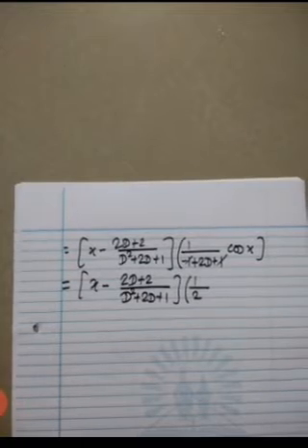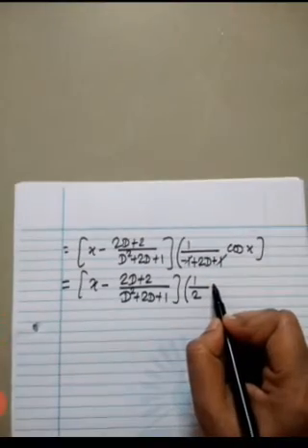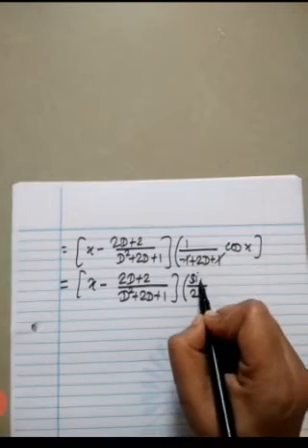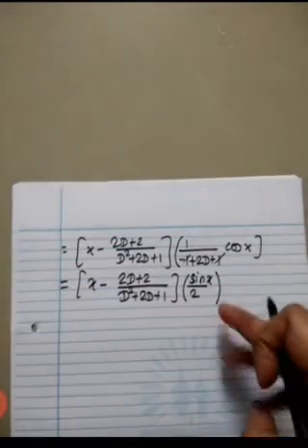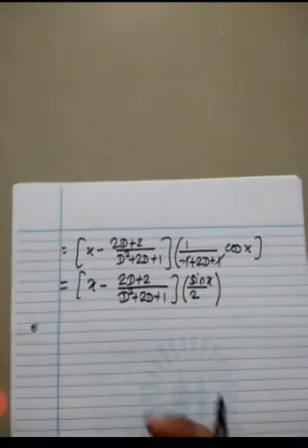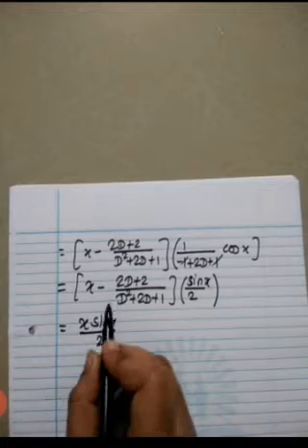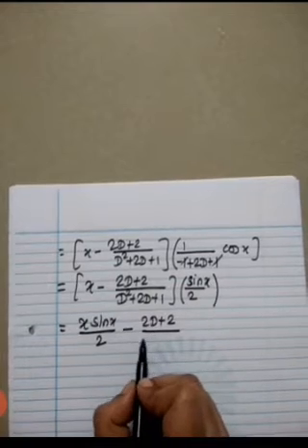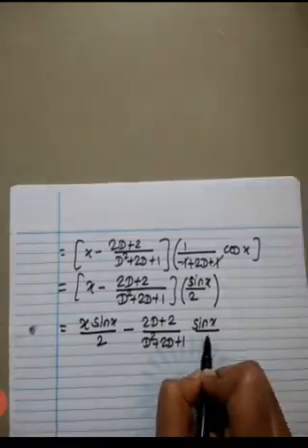What is that? Integration of cos x. What is integration of cos? Yes, so here it is sin x. Am I right? 1 upon 2 as it is I have written, and 1 upon D cos x is sin x. So sin x upon 2. So this is x sin x by 2 minus (2D plus 2) upon (D square plus 2D plus 1) into sin x by 2.